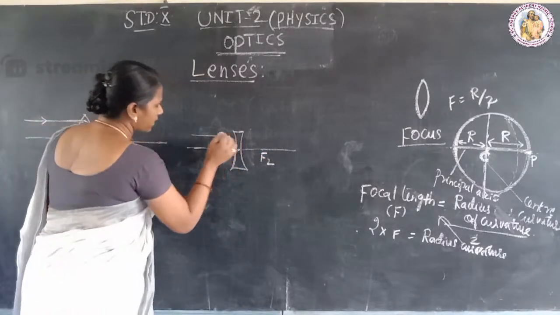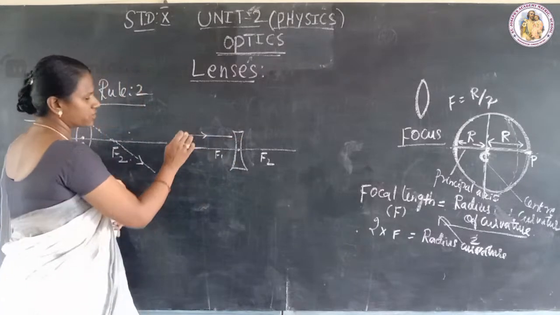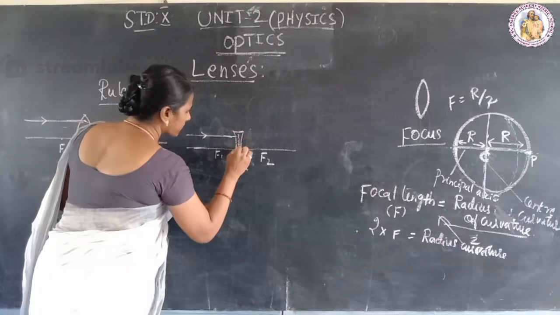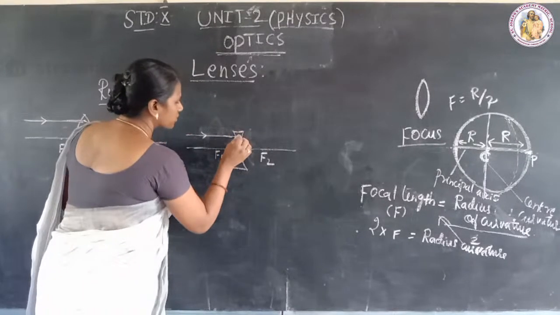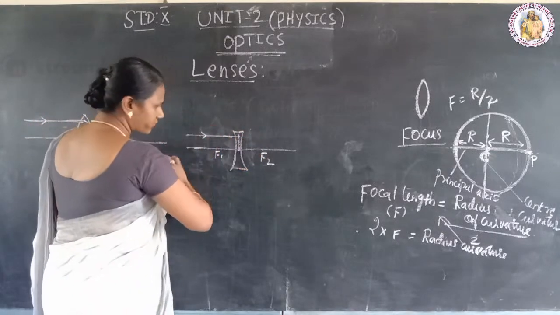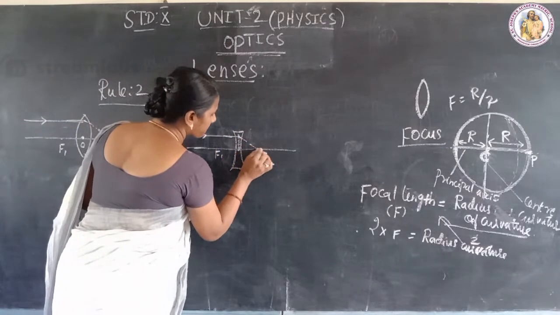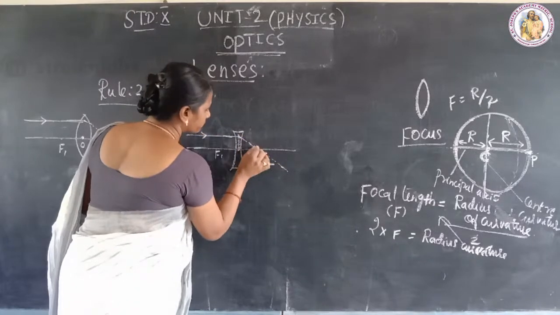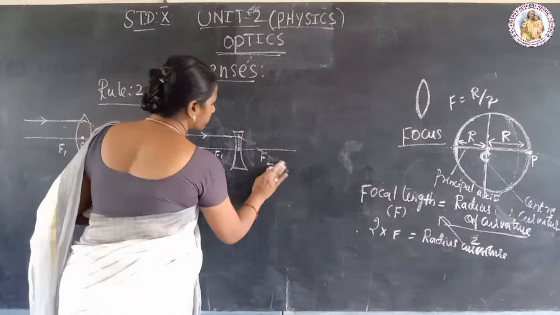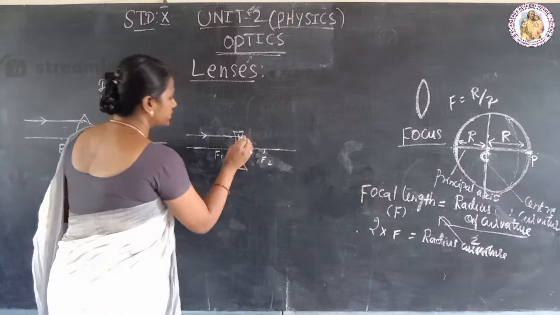After striking, it should strike the lens, and after it gets refracted, it passes towards F2. Here in the concave lens, it's diverging.